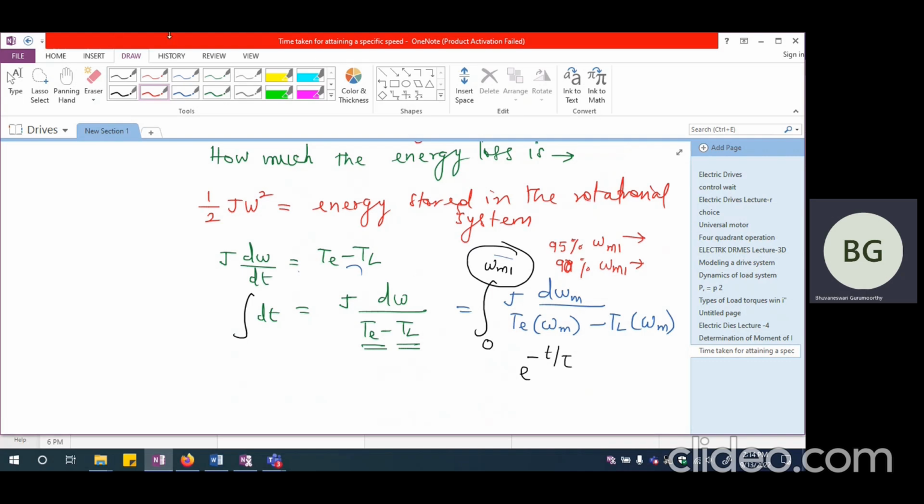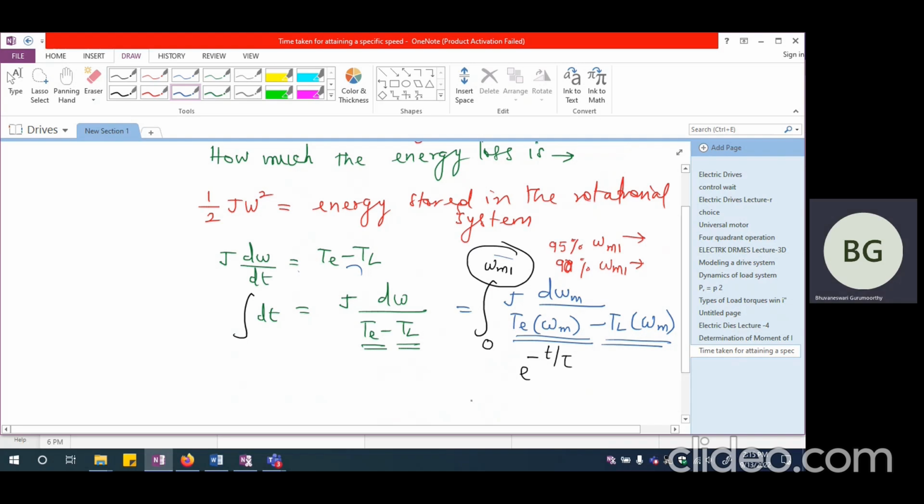So the time can be calculated quite easily by integrating this d omega divided by Te minus TL. If I integrate it with respect to the speed, I should be able to get exactly the time duration that is required for accelerating the drive from zero speed until a particular speed that I am expecting the drive to attain.